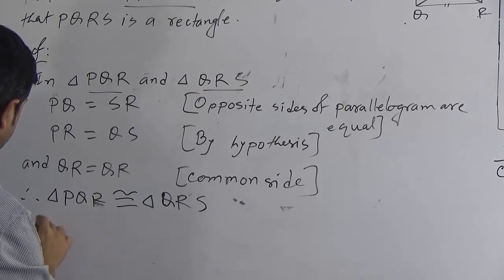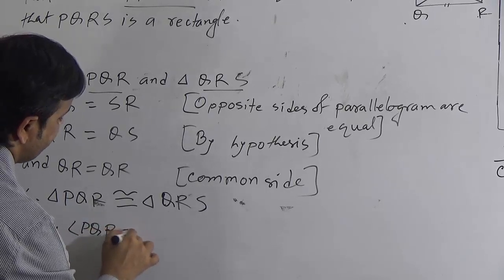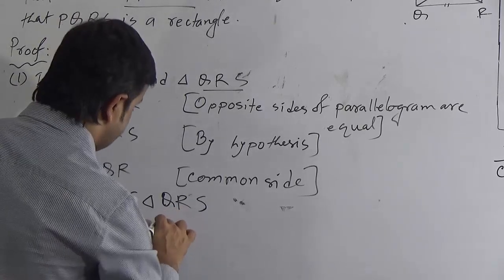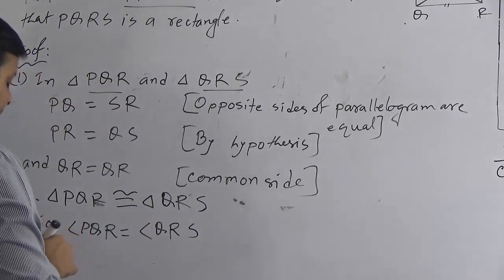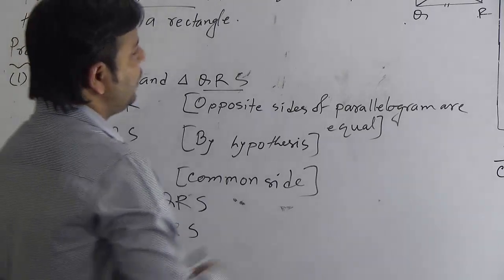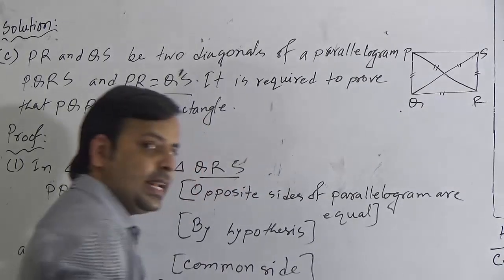As these two triangles are congruent, we can say here angle PQR is equal to angle QRS. These two angles are equal. Now if you notice here, the sum of these two angles must be two right angles.